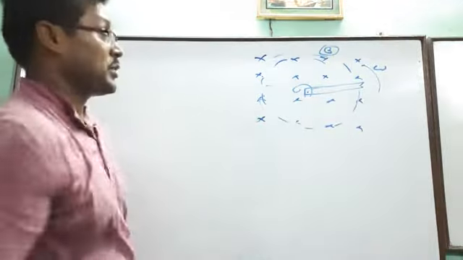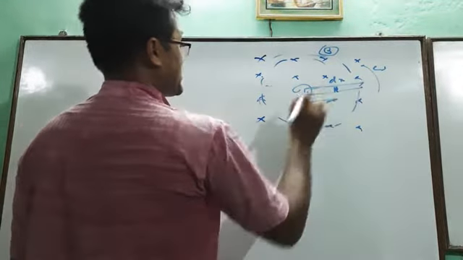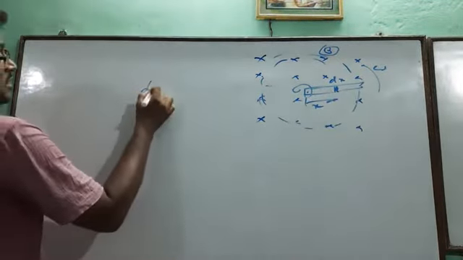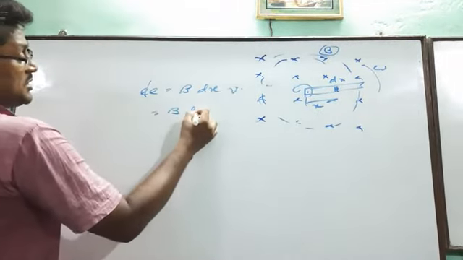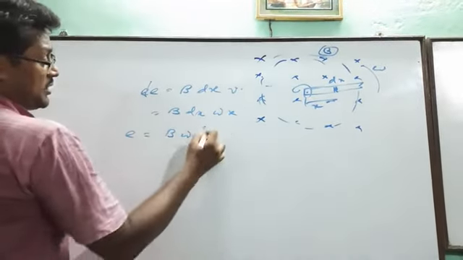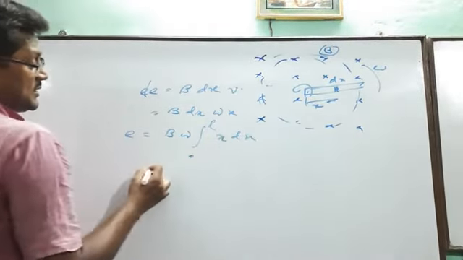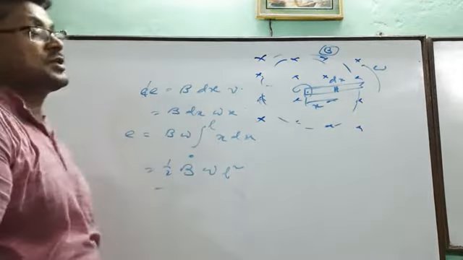Now what is the induced EMF? Let us consider an elementary length dx at a distance x. Then induced EMF dE equal to BLV, that is B omega x dx. So E equal to B omega integral from 0 to L of x dx, that is half B omega L square. So this is also induced EMF.